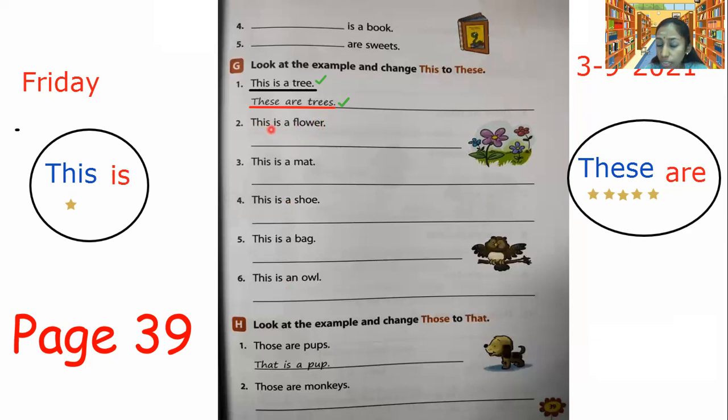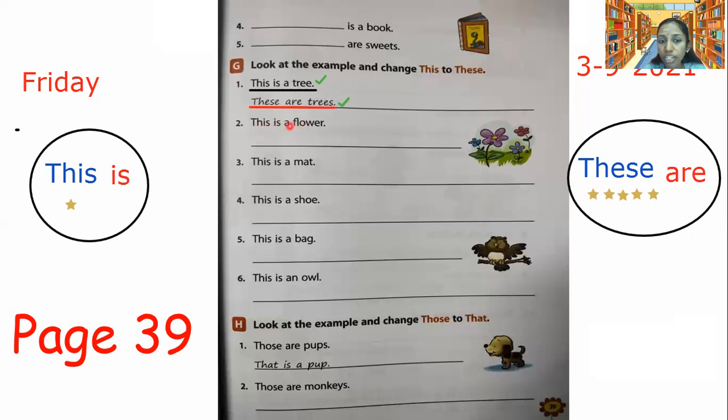Okay, now teacher is going to give you one more example. Before the third one, I will let someone try. Let's do number 2 together. So let's read the sentence now, children. Everybody say with me. This is a flower. Very good. You see the word THIS, this is singular.